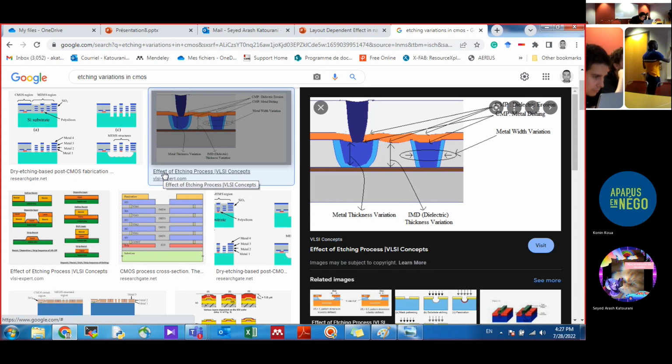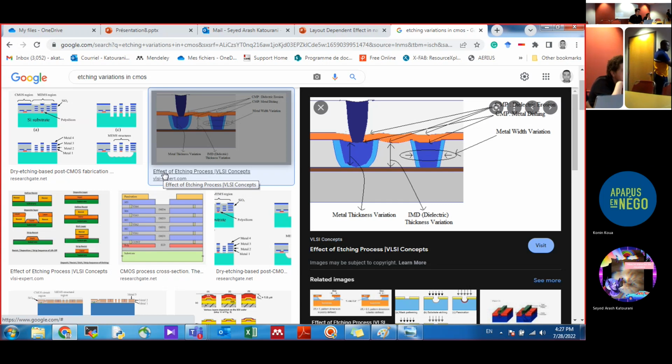So if you have metal one like this, and the same thing here but with surrounding metal here, post fabrication maybe this one will give something like that, and you will get that one.